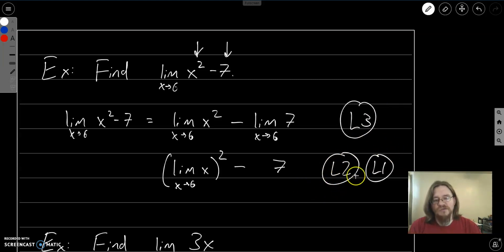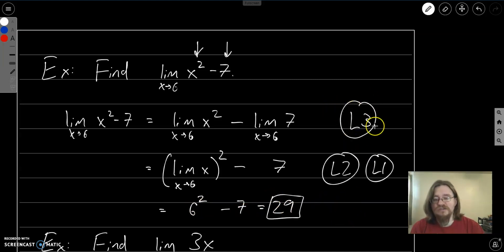Okay, so we had a 1.5 in there as well. And then now I can just take the limit as x approaches 6 of x. Well, that's just going to be 6. So we get 6 squared minus 7. And this is something that we can just simplify. So 6 squared is 36, minus 7 is going to be 29.